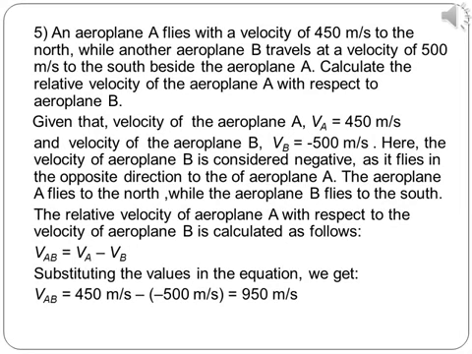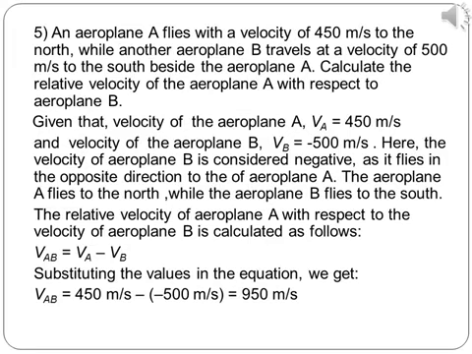And fifth question is, an aeroplane A flies with a velocity of 450 meter per second to the north, while another aeroplane B travels at a velocity of 500 meter per second to the south beside the aeroplane A. Calculate the relative velocity of the aeroplane A with respect to the aeroplane B. What is its solution?